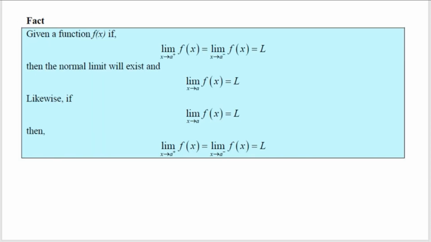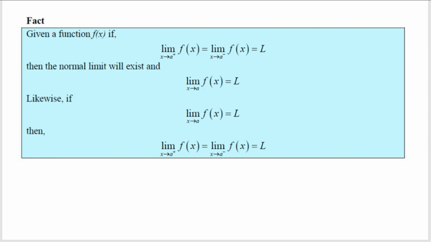Okay, so given a function f of x, if the limit of f of x as x approaches a from the right is equal to the limit of f of x as x approaches a from the left, which is L, then the normal limit will exist and the limit of f of x equals L as x approaches a.